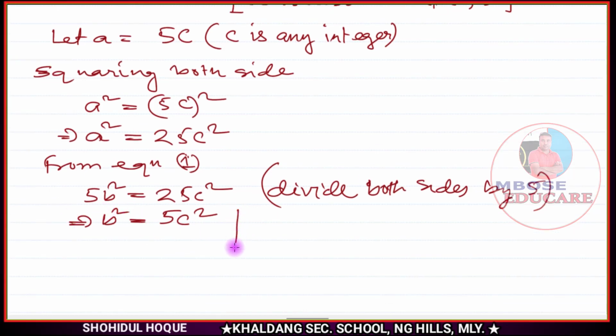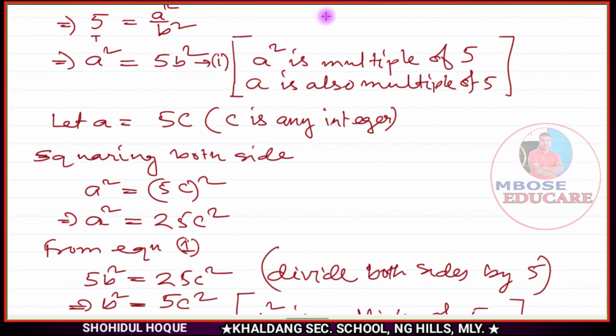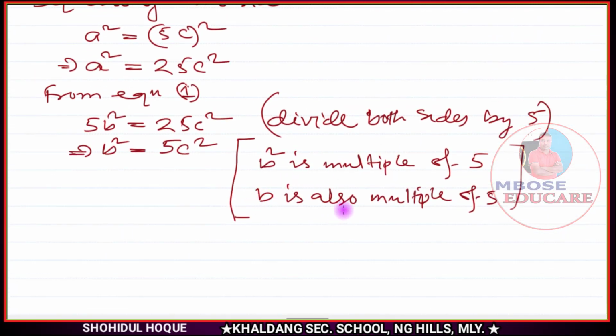From this condition we can write b square is a multiple of 5. When b square is a multiple of 5, then b is also a multiple of 5. Here did you notice one thing, that we found here a is also a multiple of 5. Again here we got b is also a multiple of 5.